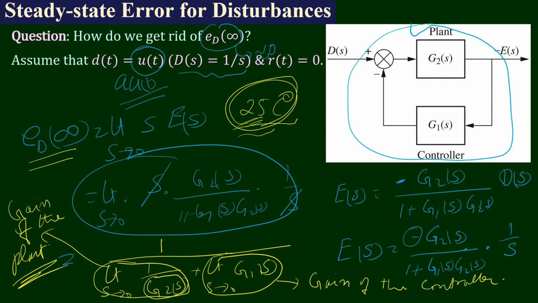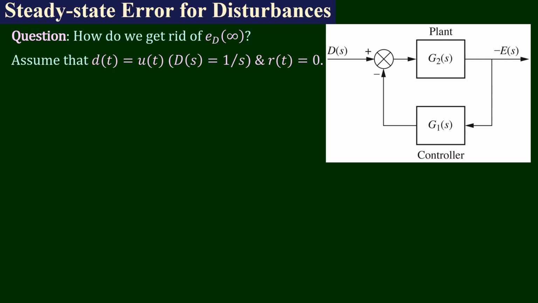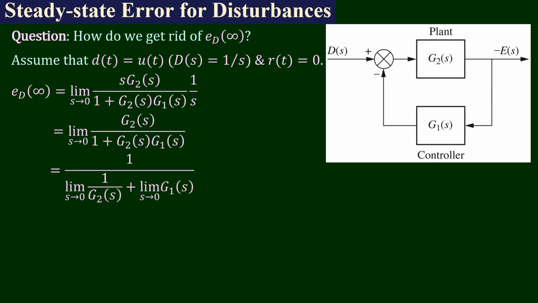So let us look at the typed solution. The same thing in the typed version is here. So here, to decrease the effect of E of D, definitely we have not written the minus over here because we are looking just at the amplitude. Otherwise, if you want to consider the minus, you should write it.